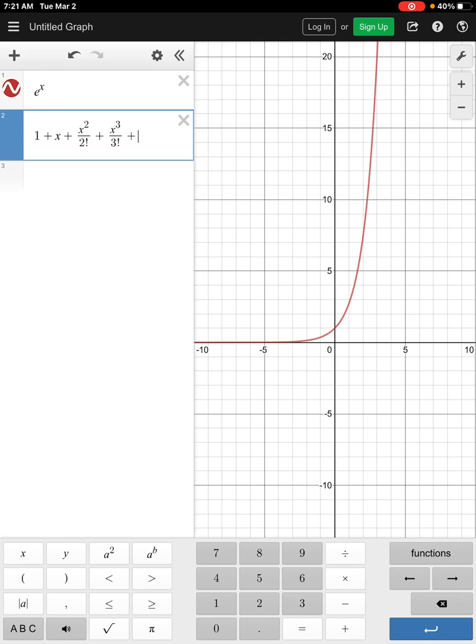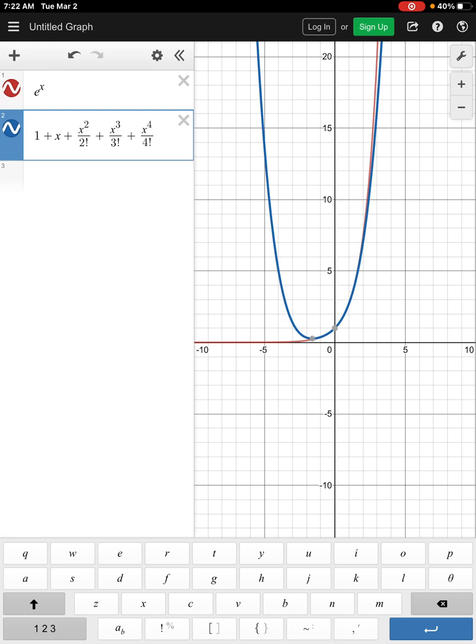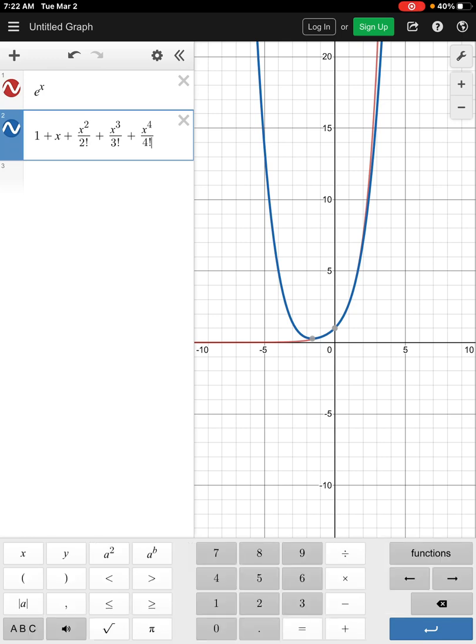So let's see if we can add more terms. I'm not going to waste your time by typing all of this in here, but I will tell you that the more terms you get, the better this fit is going to be, because this curve is going to start to flatten out, and it's going to start to look pretty good.